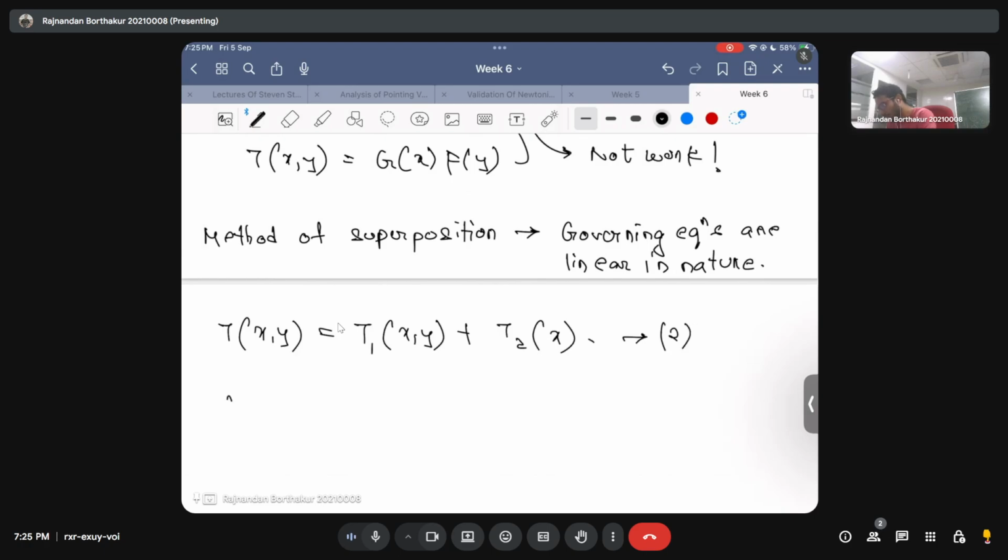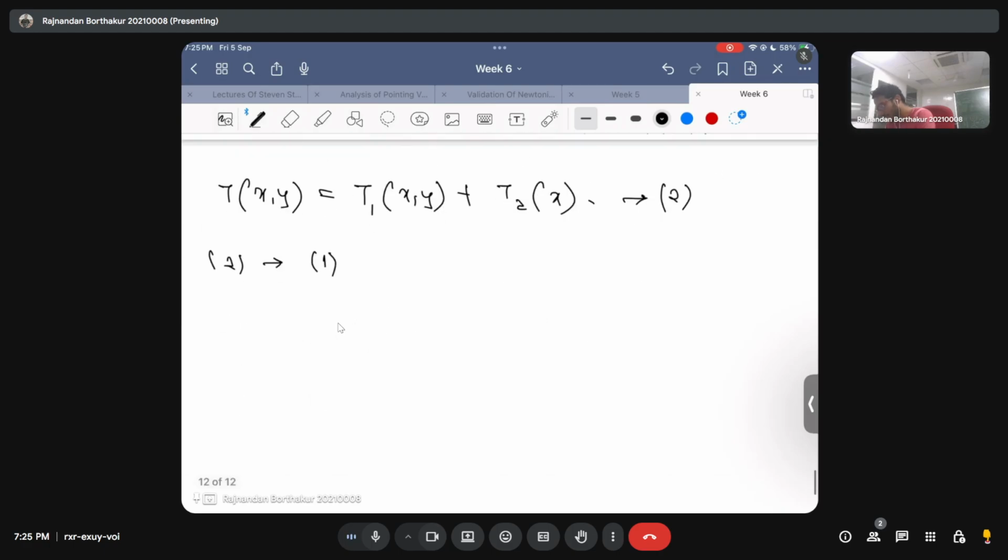If I substitute 2 in 1, my equation becomes del squared T1 by del x squared plus del squared T1 by del y squared plus d squared T2 by dx squared, and this is equal to minus q dot by k.